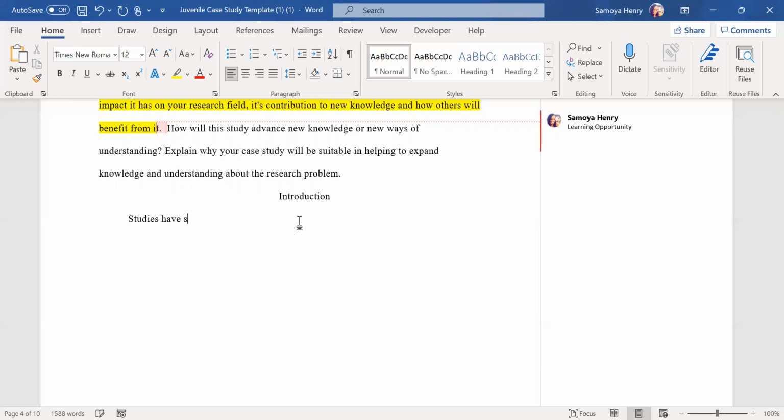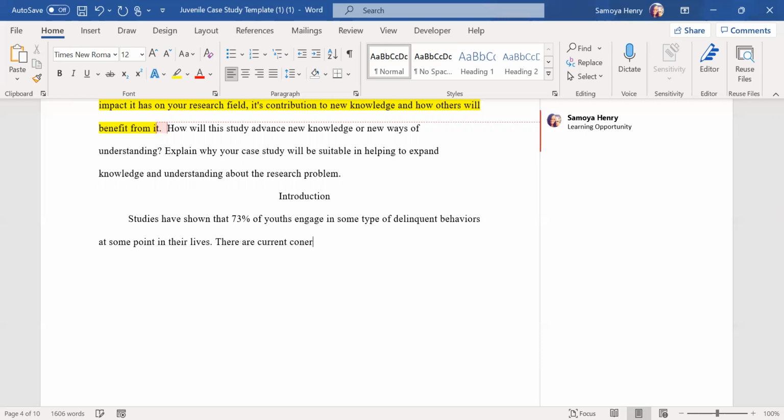So studies have shown that 73% of youths engage in some type of delinquent behaviors at some point in their lives.